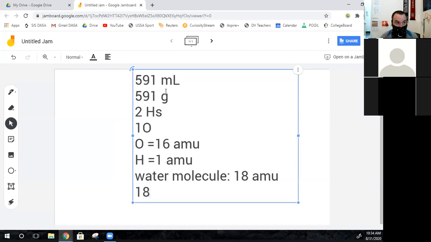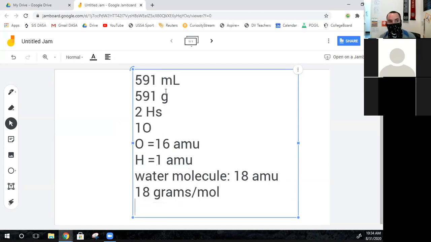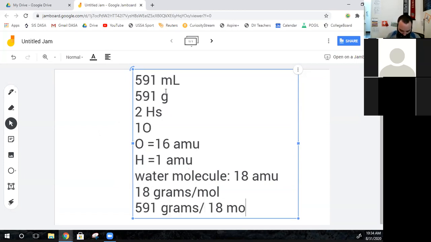So that means that we have 18 grams per mole. Okay? And how many grams do we have? 591 grams divided by 18 grams per mole.